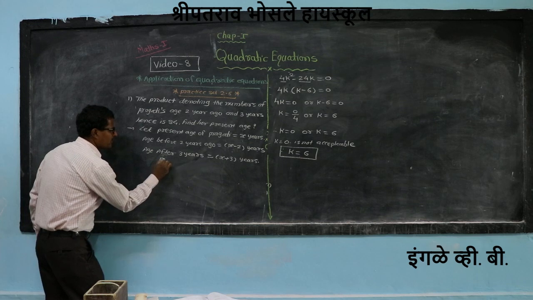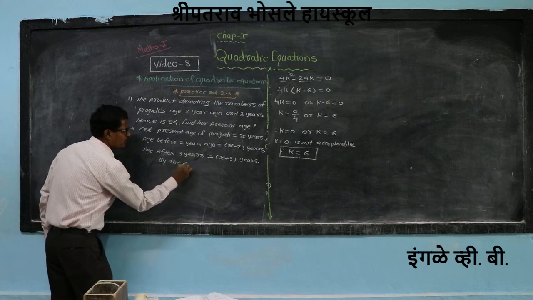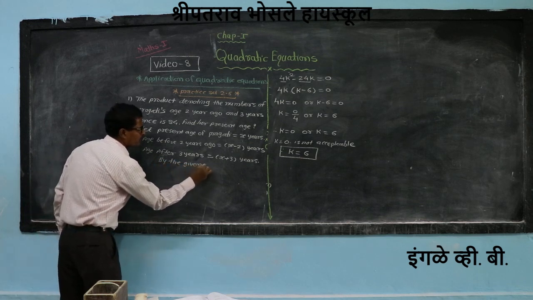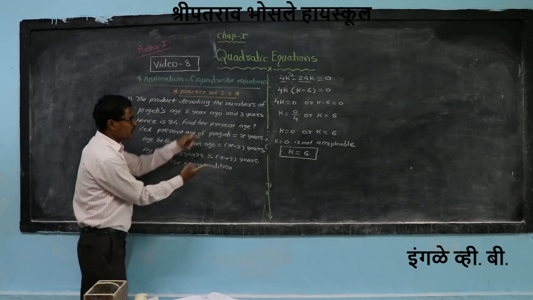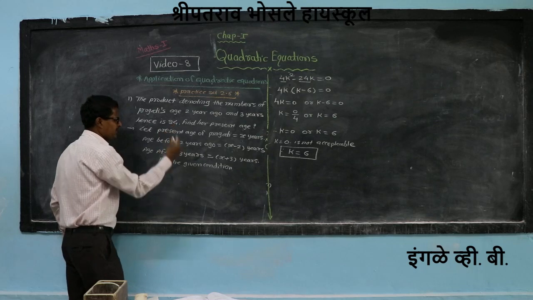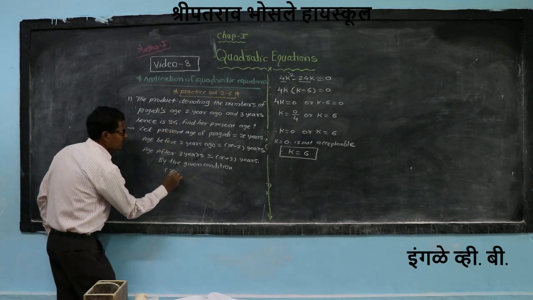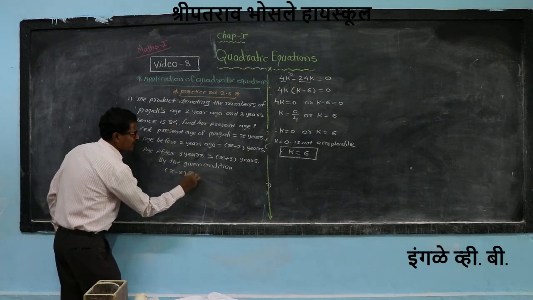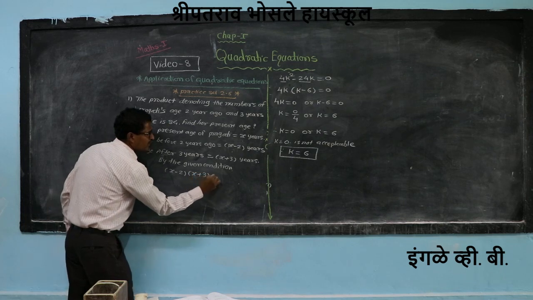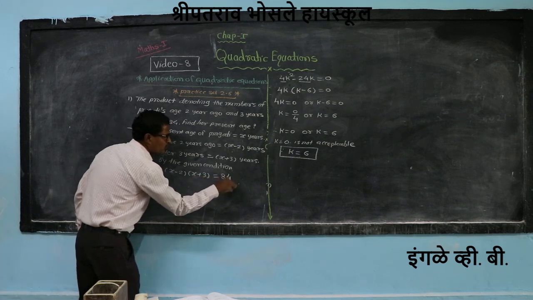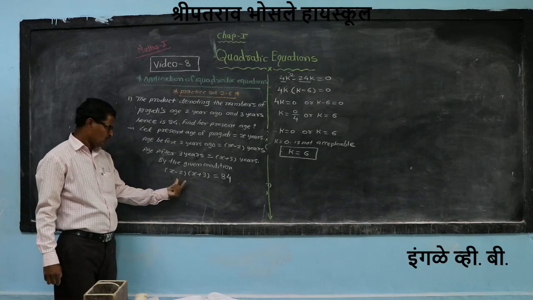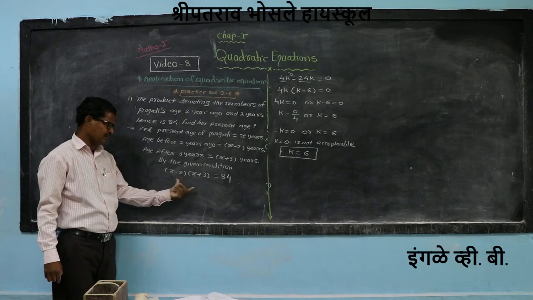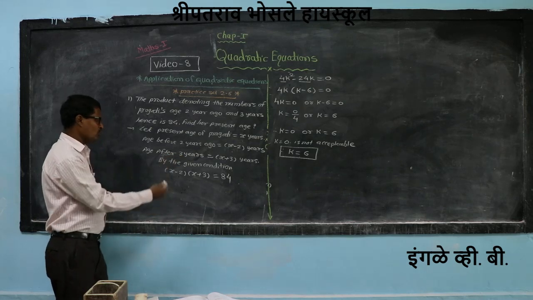By the given condition, the product of these two is 84. So (x minus 2)(x plus 3) is equal to 84. Now we have to solve this. We get the mathematical expression. Now we convert it into a quadratic equation.